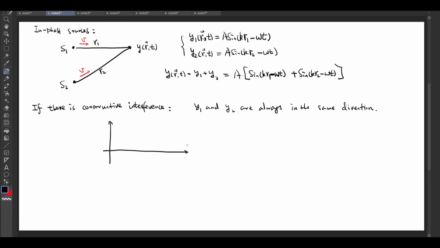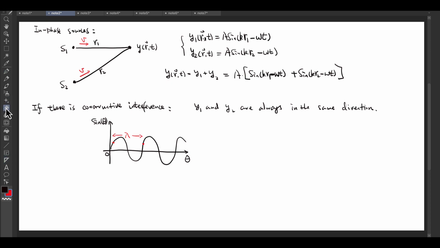So we're going to think about sine as a function of theta, an angle. And we know the sine function looks like this. Now if I think about 2 points, let's say this point and that point, 2 points that are lambda away.